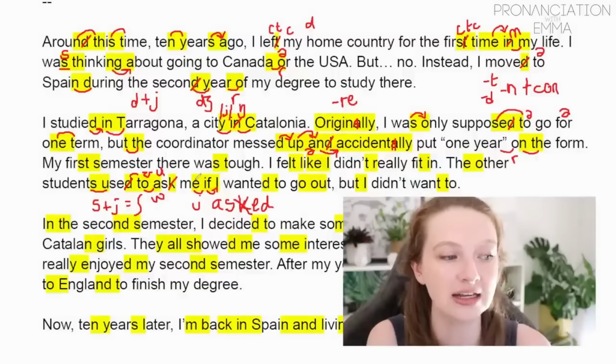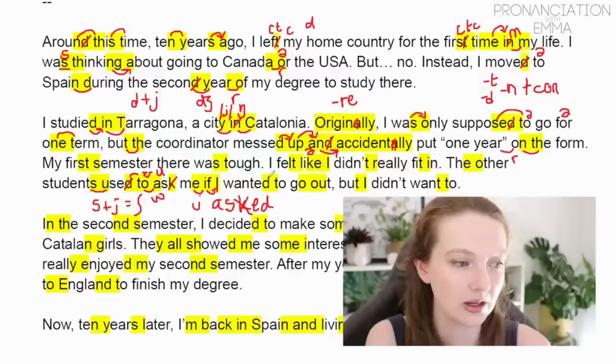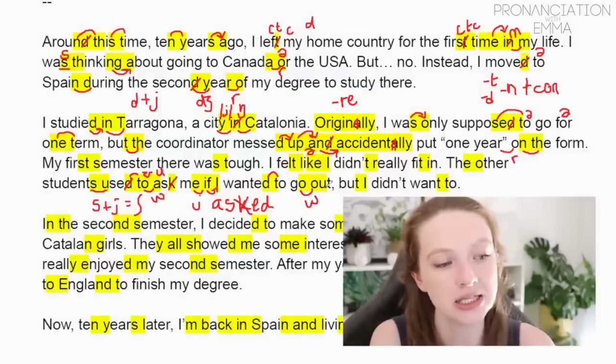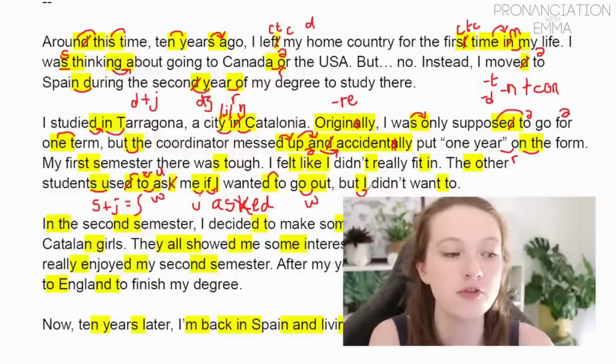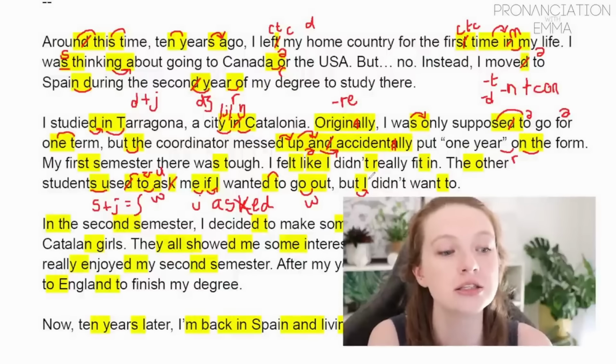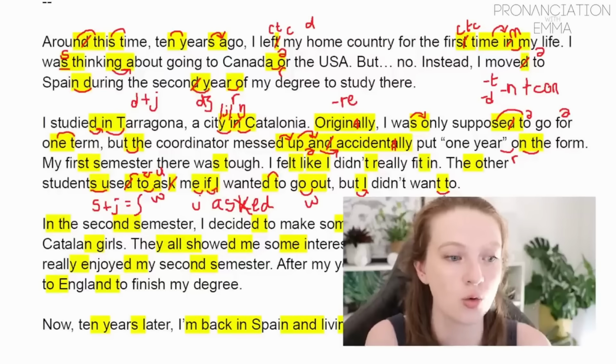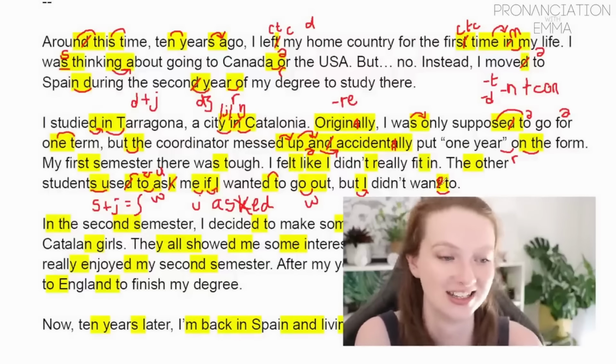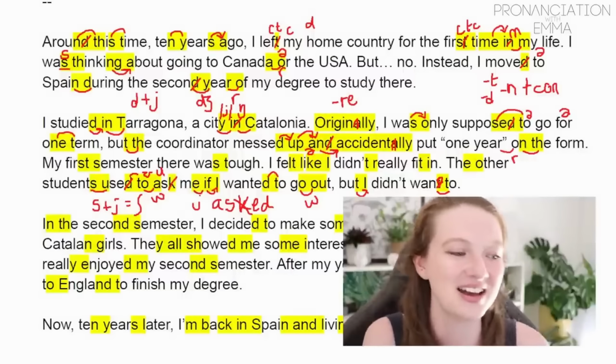Me if I. Used to ask me if I wanted to go out with a w, go out. But I, we're going to move that over. But I didn't want to. 1, 2. We're going to connect them together. Or you could say it's removed, technically. But anyway, they are connected.